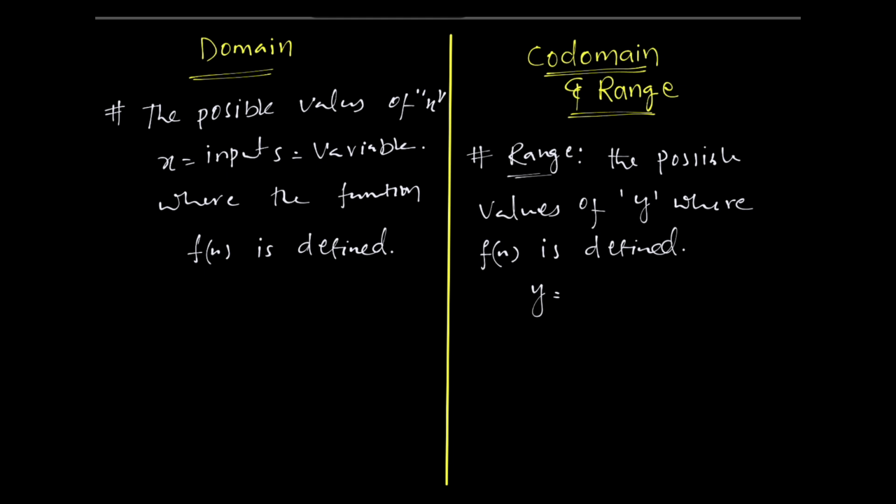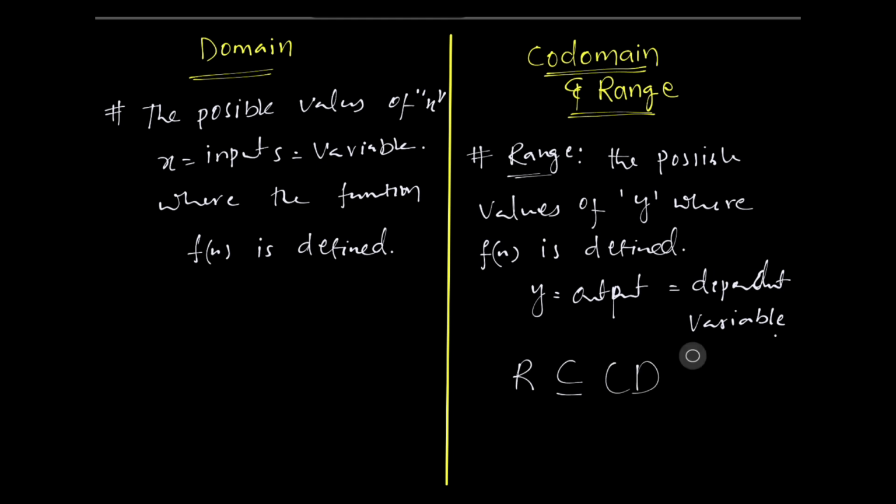Means y, I can write it as the set of output values, and I can write it as dependent variable, where y is dependent on x and x is an independent variable, right? And codomain in the sense, codomain is the entire set B, and range is just a small part of set codomain, or sometimes it might be equal.